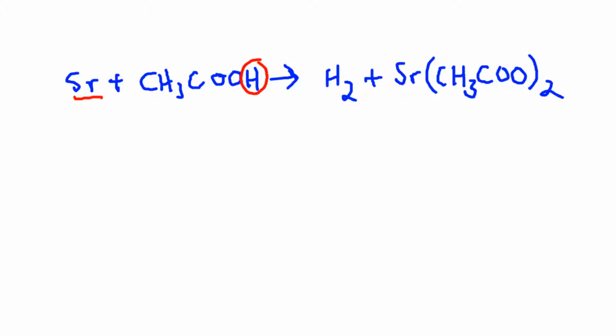The reason I needed 2 acetic acids is that my strontium had a charge of +2 and the acetic acid had a charge of -1. I don't show those charges in the final version, so let me get rid of that. Alrighty, so that is what our answer for number 9 on page 29 should look like.